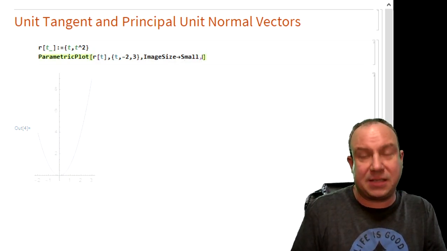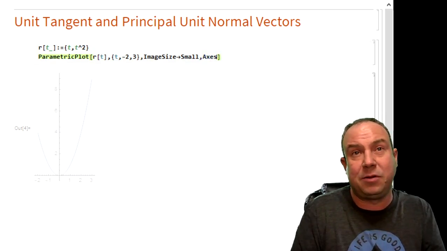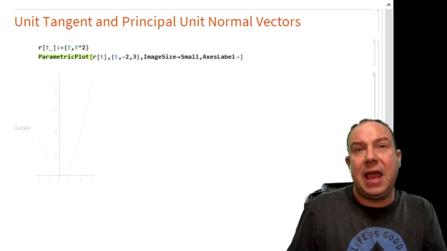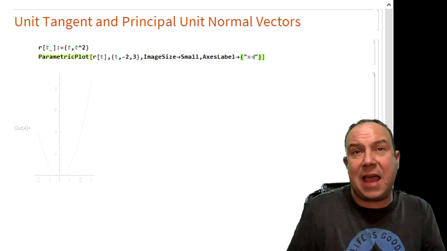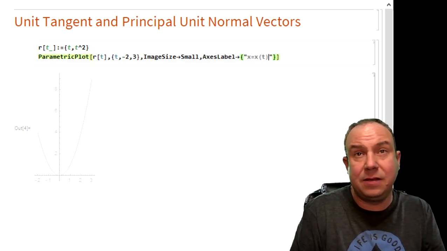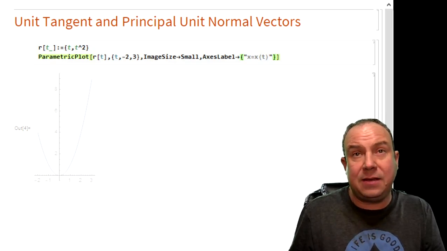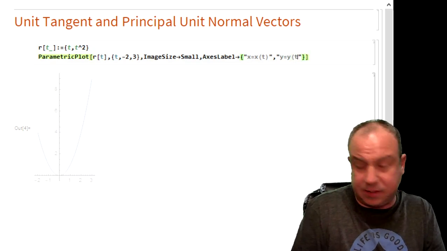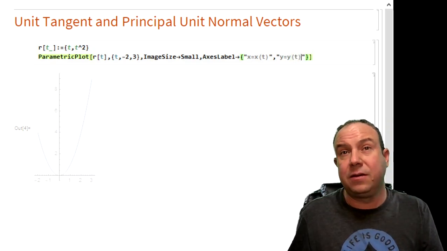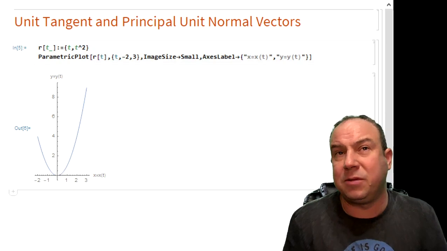To label our axes, we've done all this before. It's AxisLabel. And we might label these axes x equal to x of t and y equal to y of t, respectively. That'll put some nice labels on our axes.